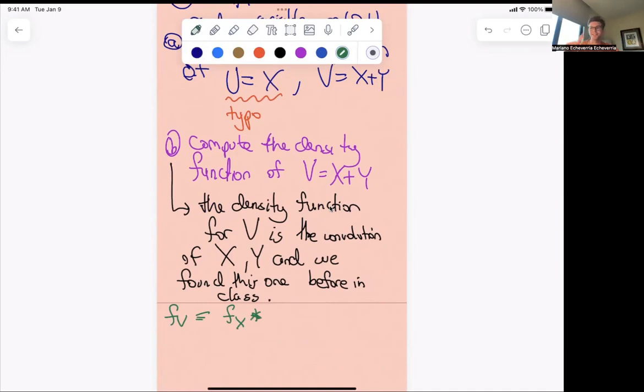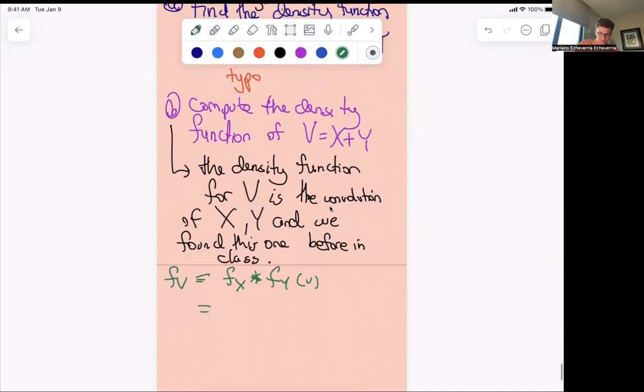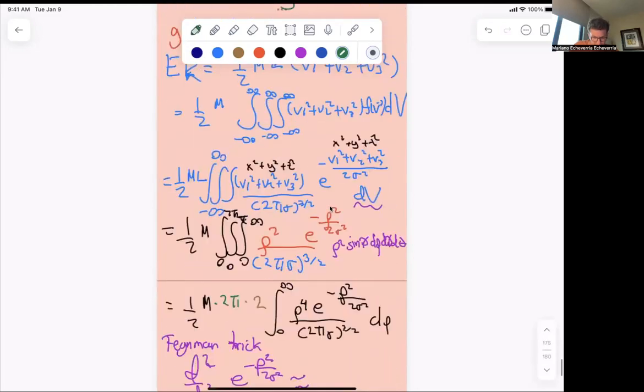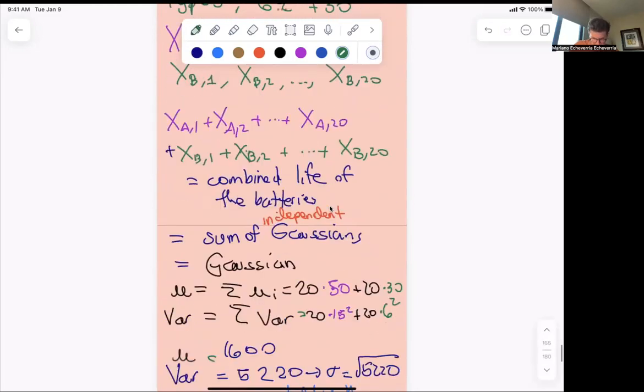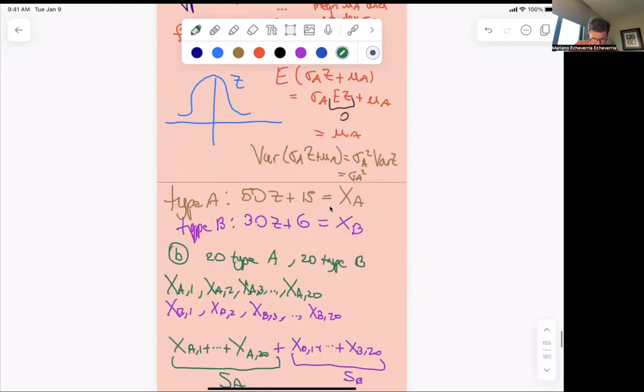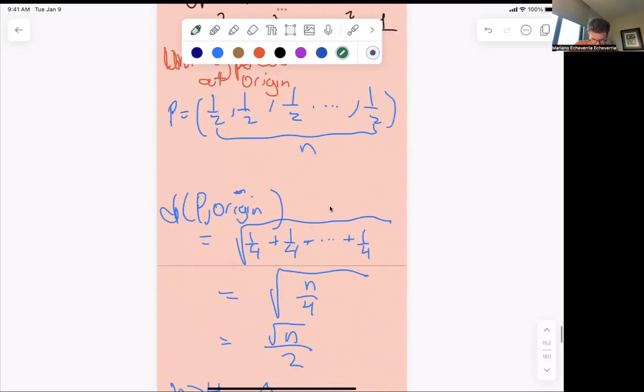I mean it is times, but it's like this weird multiplication, right? You can call it v, which was the integral from minus infinity to infinity of f sub x times f sub y, but then this one got shifted, and I guess it has to be v minus x dx. Yeah, so where did we do this? It should be like 1 or 2 classes ago. I think maybe 2 classes, I don't remember. Where is it?